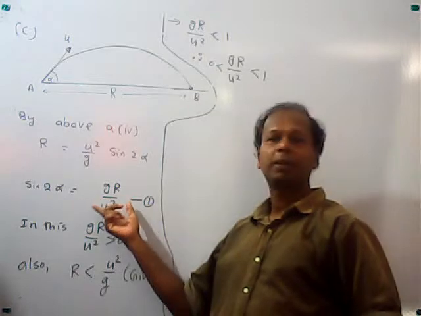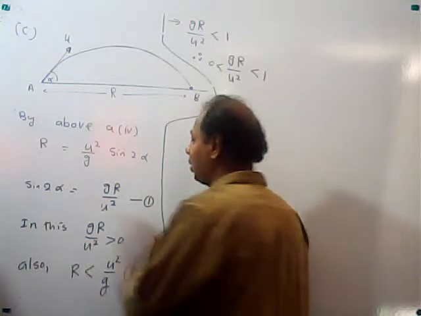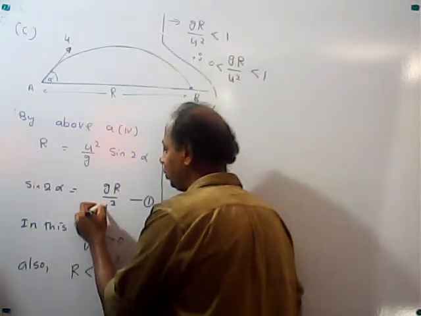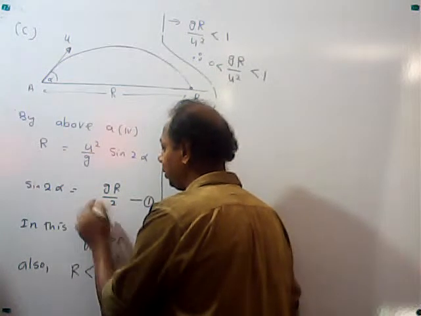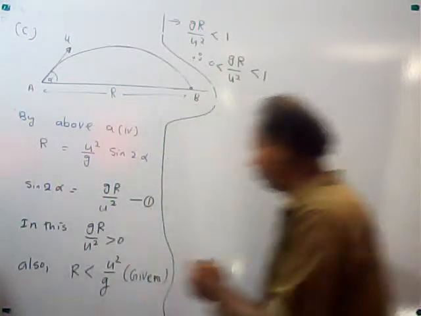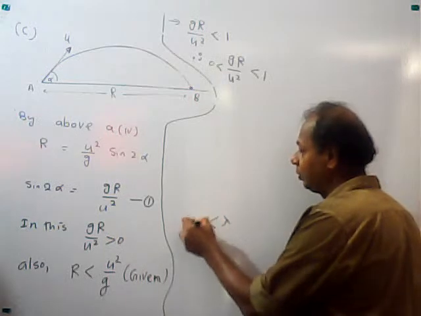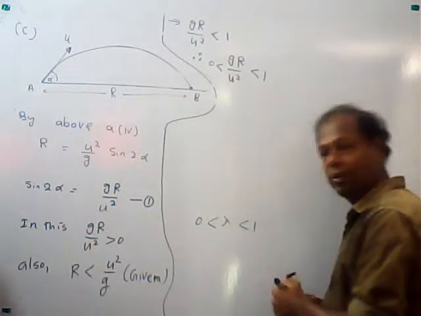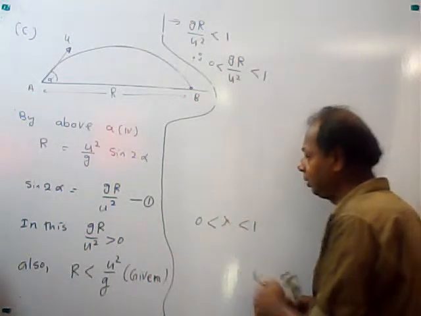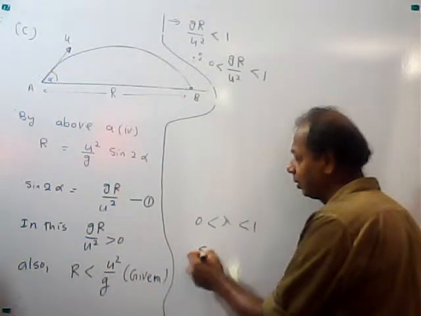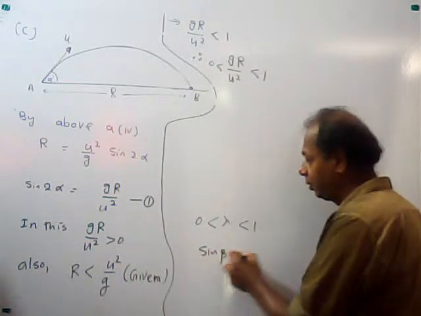If you have some number between 0 and 1, for any lambda between 0 and 1, you can find some angle, say beta, such that sine beta equals lambda.